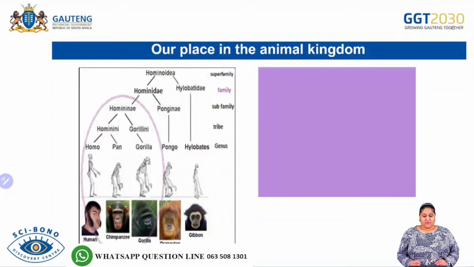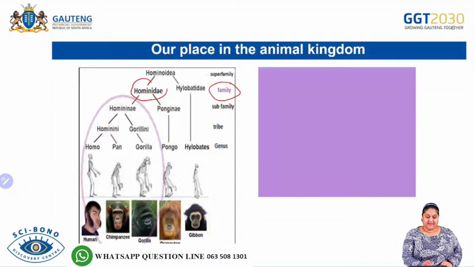So furthermore, now we are looking at the family. We're just going to look from the family name over here, and our family is the Hominidae. Right? And the Hominidae is divided into the Homininae and the Ponginae. The Ponginae division is what gives rise to our today species, the orangutan.